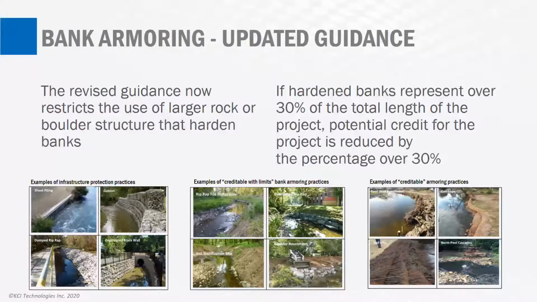Any bank length that's armored by a practice designated as creditable with limits that exceeds the 30% limit will be proportionally subtracted out from the final pollutant load reductions. And I'll show an example on the following slide, and hopefully it'll make a little bit more sense. But the 30% stems from the estimated percentage of the total length of stream banks of a project that would represent the outside bend of pools.